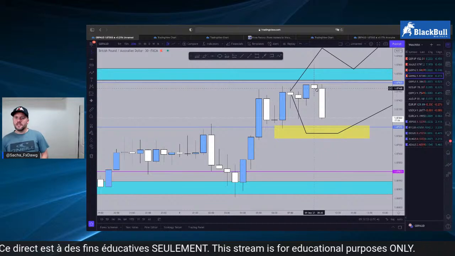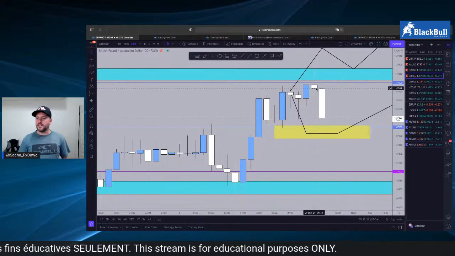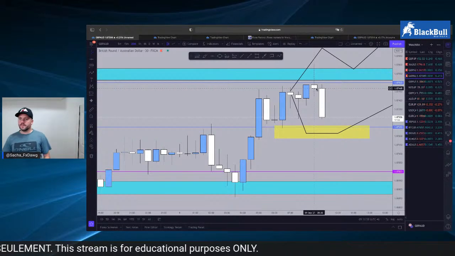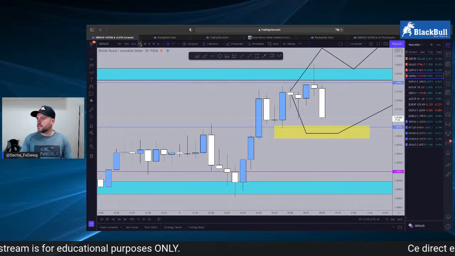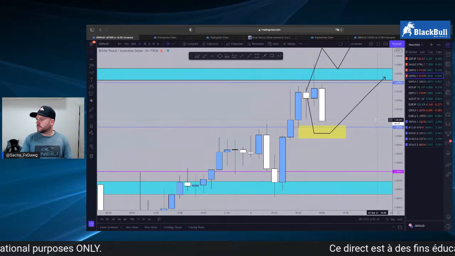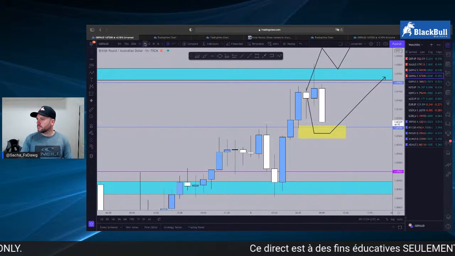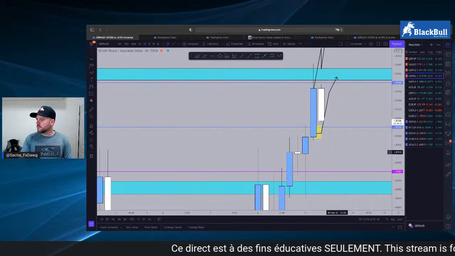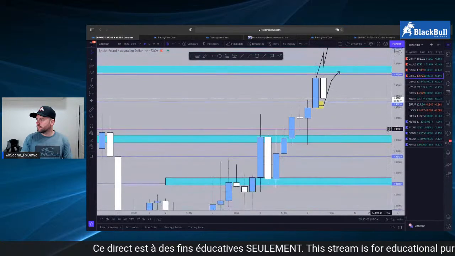Sweet. GJ is coming down in that golden zone. Awesome. Amazing.